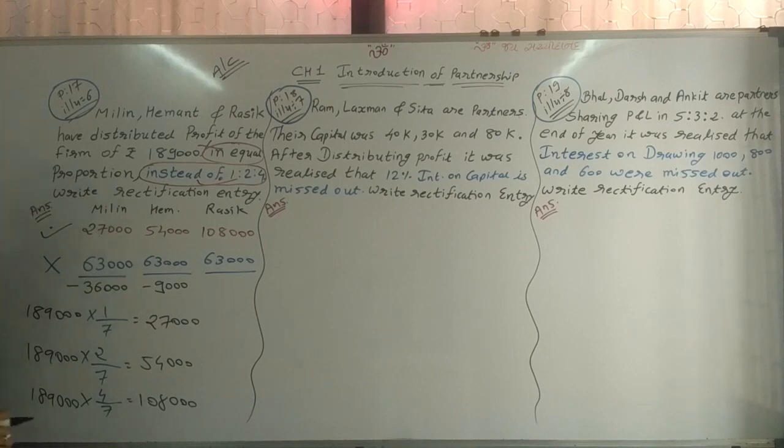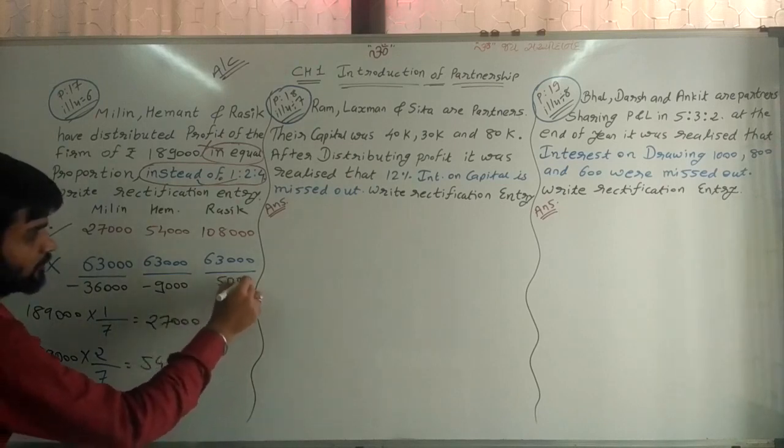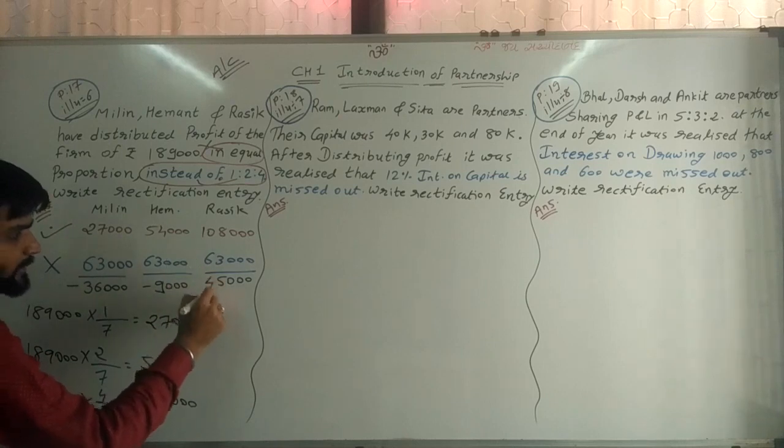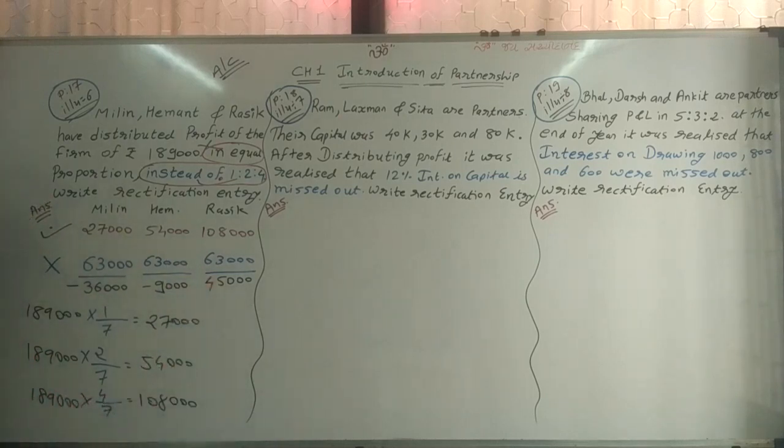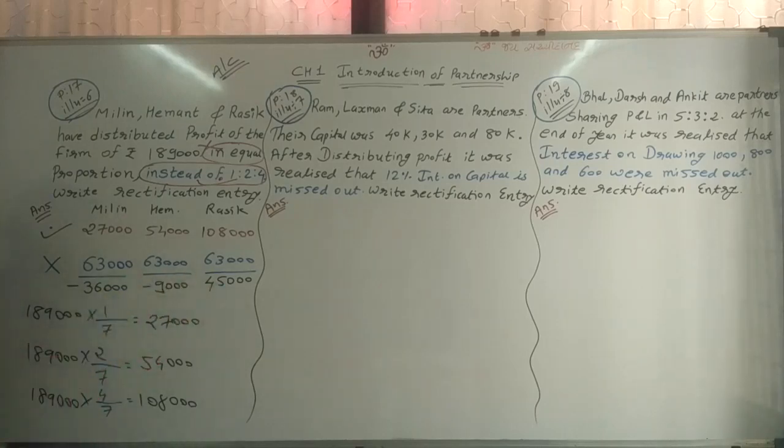And if you are finding difference of these two, so 5, 6 plus 4 means 45,000. And if you are making total of these two, then that is also 45,000, because two are negative, one is positive. So total of two negative becomes positive answer. Always this situation arises.